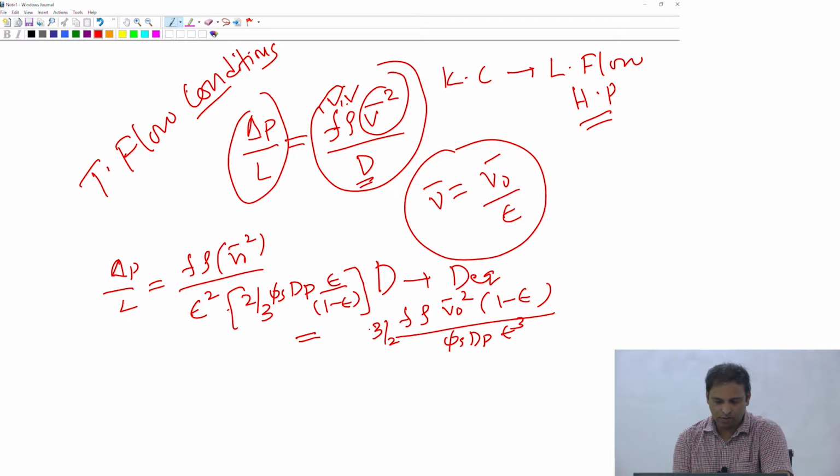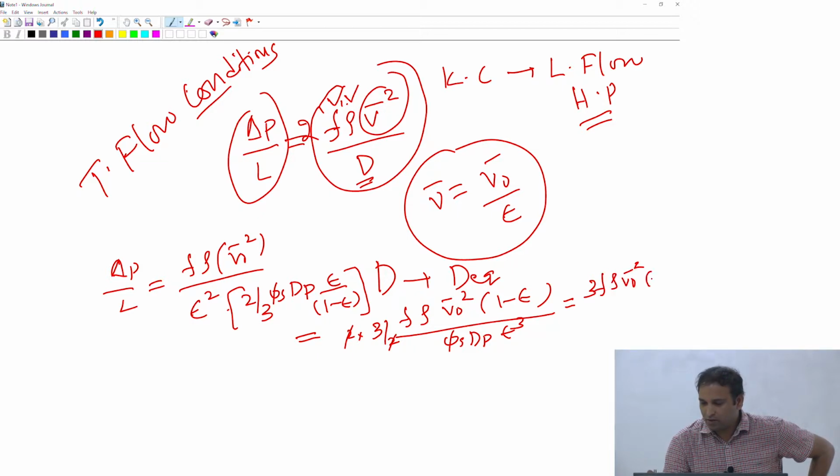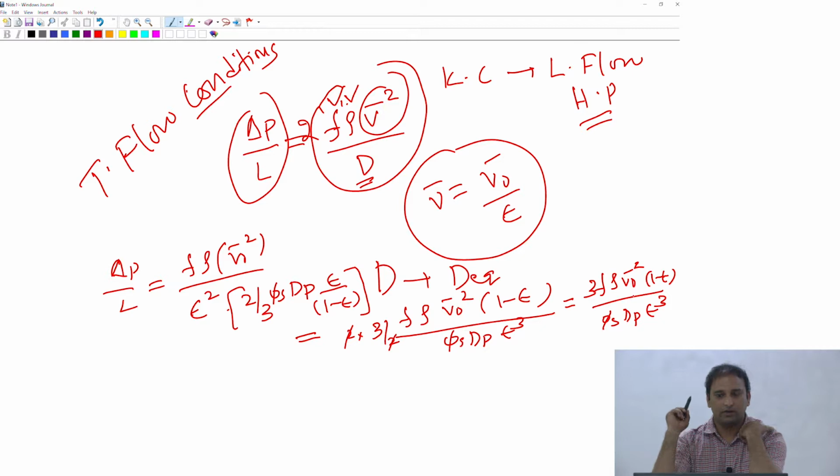I am missing a 2 somewhere. Oh, there's a 2 here. It's actually 2 times f rho v bar square by d, so this gets cancelled. So you essentially get 3 times f rho v naught bar square 1 minus epsilon divided by phi s dp into epsilon cube.